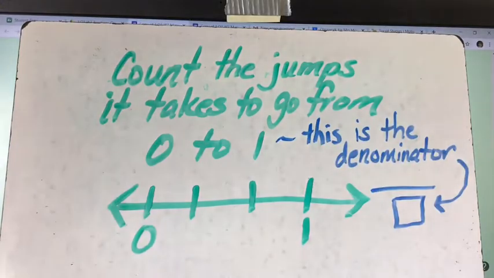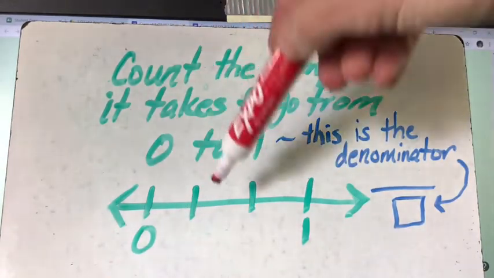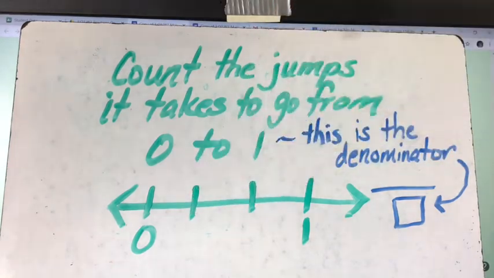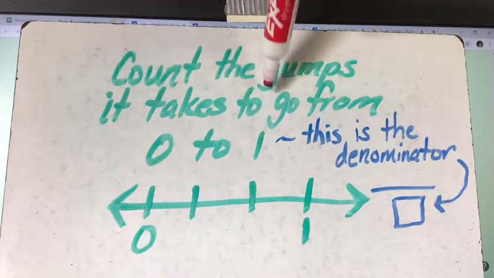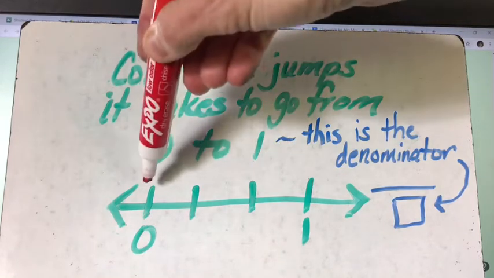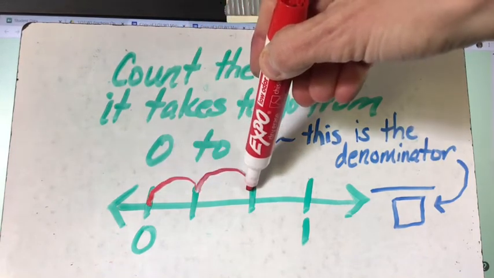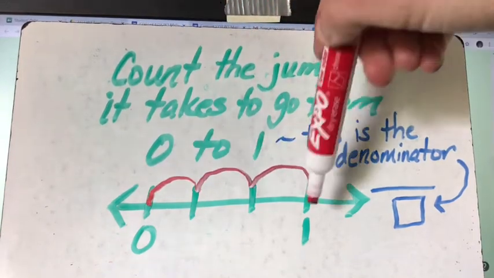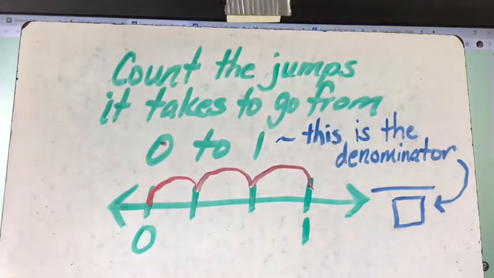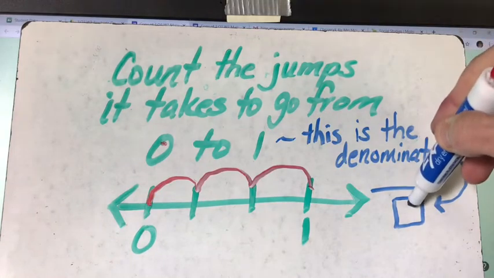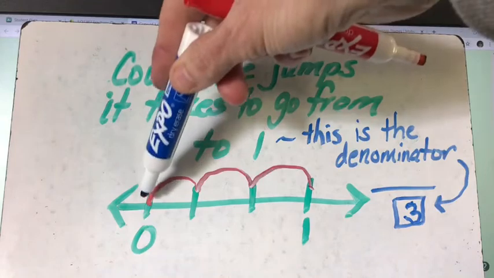Whenever I have a number line and I need to figure out what the fractions are that are supposed to go on these little dashes, the very first thing I need to do is count the jumps it takes to go from 0 to 1. So I start at 0 and I jump 1, 2, 3 jumps from 0 to 1. So this 3 is my denominator here, however many jumps it takes.